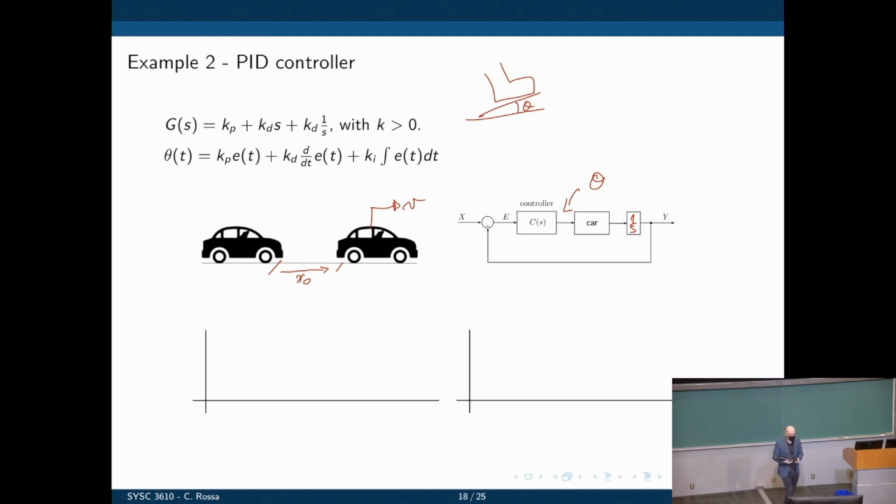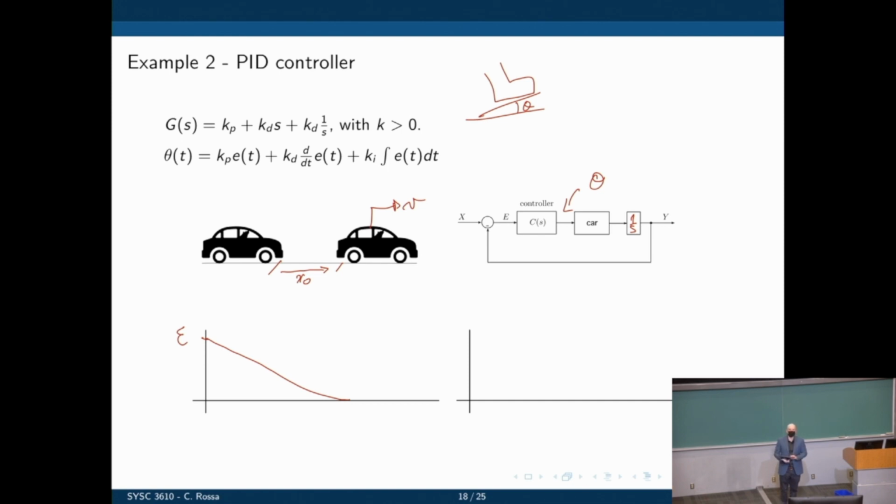If we are driving with a proportional gain, then what is happening? Well, we are making the throttle angle now proportional to the distance between my car and the car that is moving at a constant speed. What is going to happen is the error will exist at first, and then as I approach the car, the error decreases.